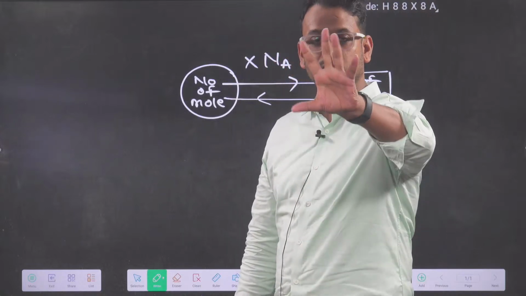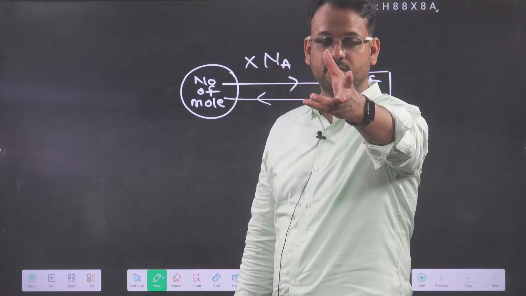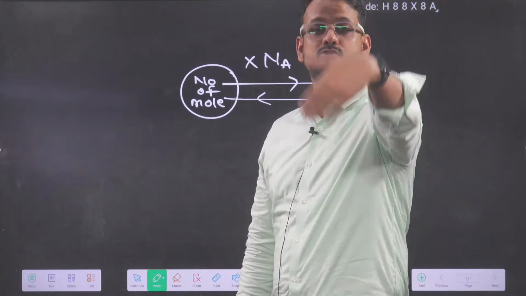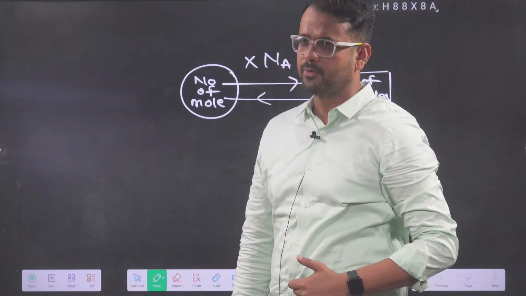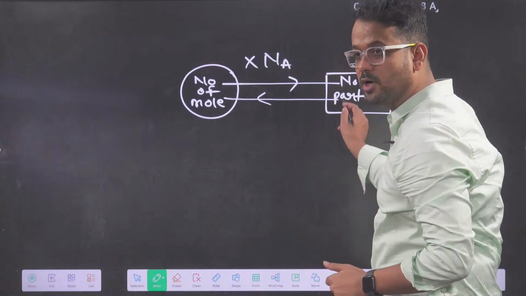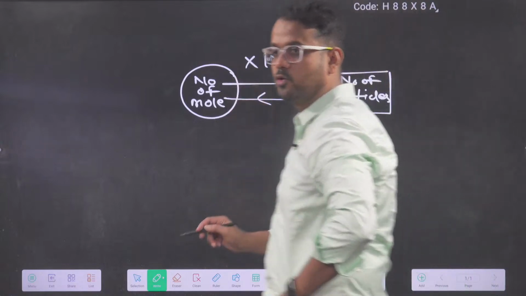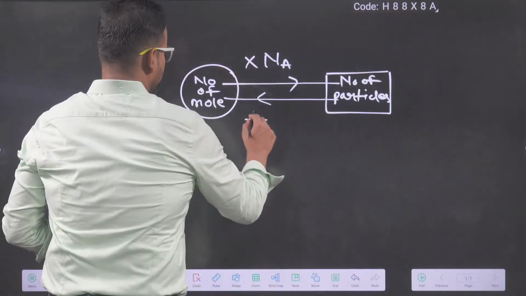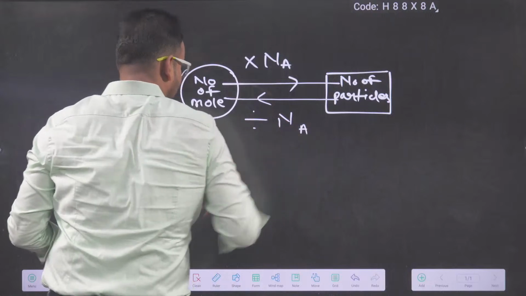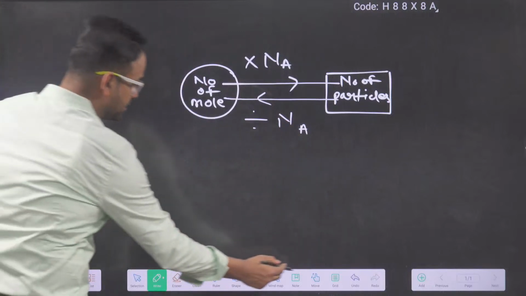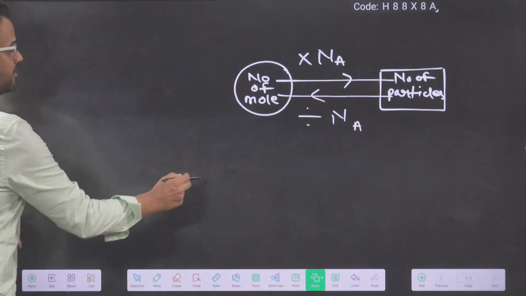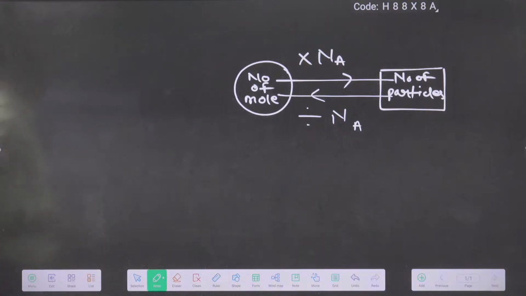Just like you use 12 in your everyday life, in the life of chemistry you use 6.02 into 10 to the power 23. So whenever you have to come from here to here, we divide by Na. This is the first part of the conversion, which we do with the Avogadro constant.